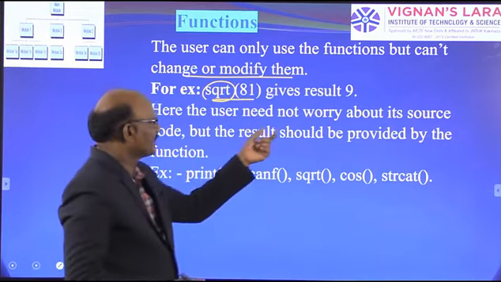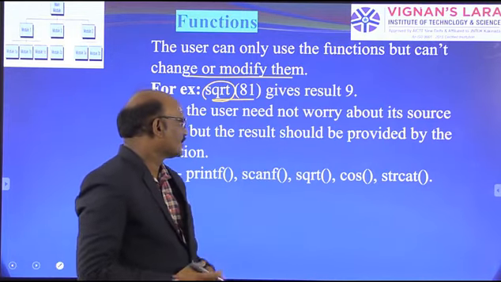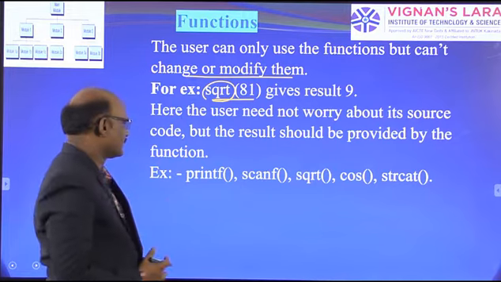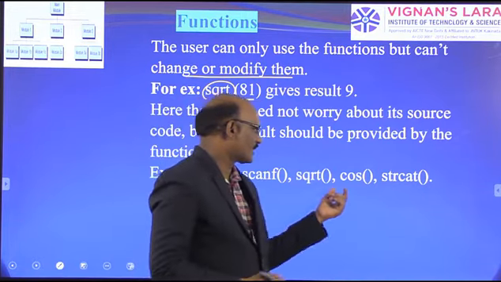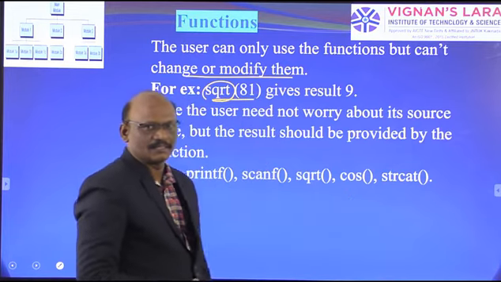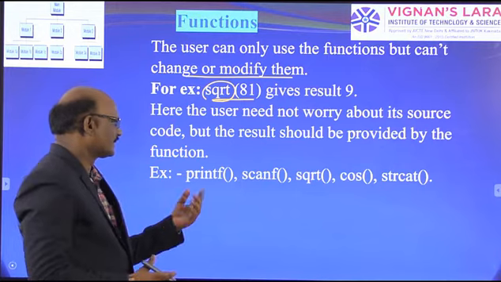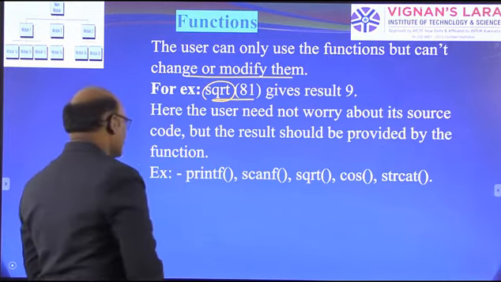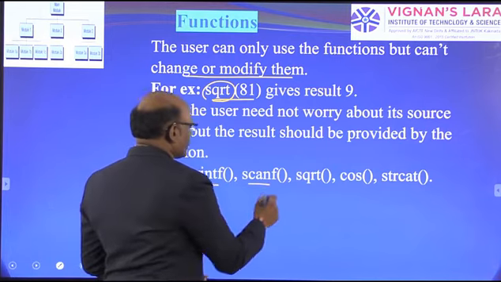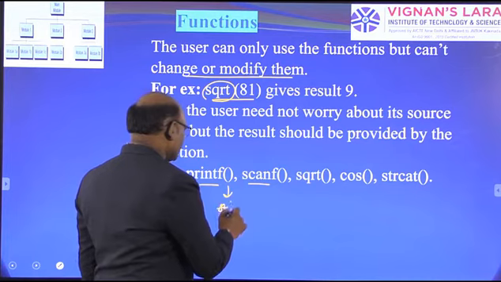Here the user need not worry about its source code, but the result shown is provided by the function. In a similar way, printf, scanf, square root, cos, strcat, all these are library functions. These library functions are available in header files. For example, printf and scanf are available in the header file stdio.h.